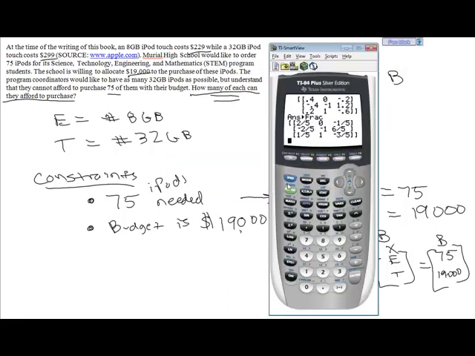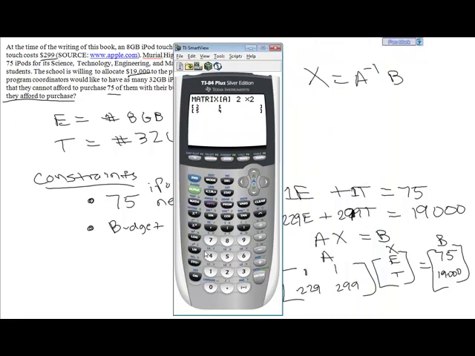So now all I have to do is enter these into my handy calculator. My A matrix has to be a 2 by 2 matrix, and I want the entries to be 1, 1, 229, and 299. Now for my B matrix, I put in my solutions.